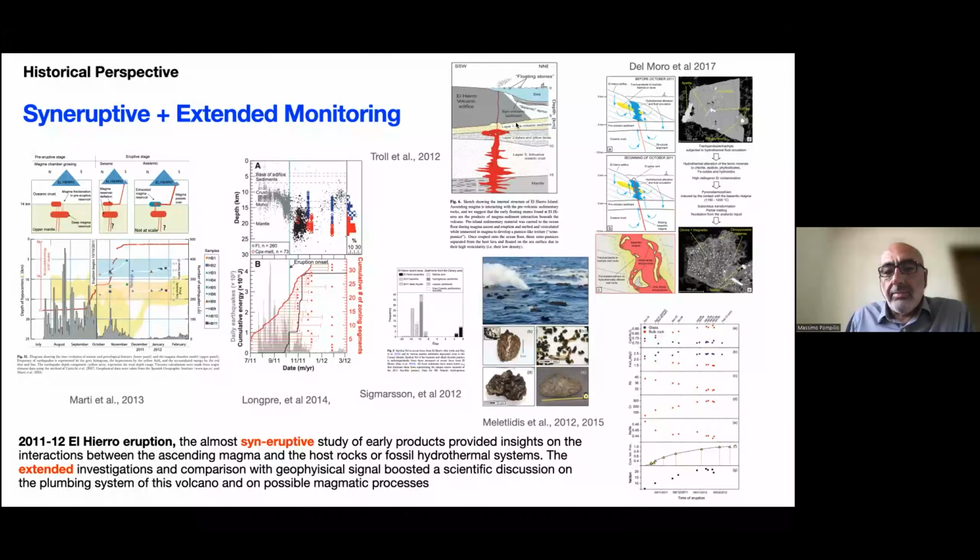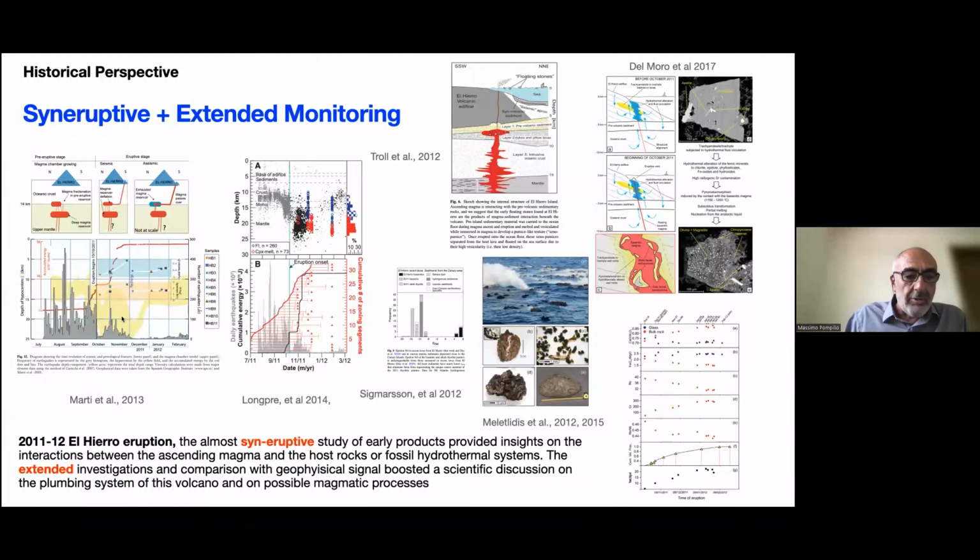Some people interpreted this as a contamination or assimilation of sediments at the base of the volcano. Other people interpret it in a different way, but I don't want to discuss this. But just to see that, during the eruption, there was also the application to try to explain immediately, to make a sort of first hypothesis of the architecture of the plumbing system.